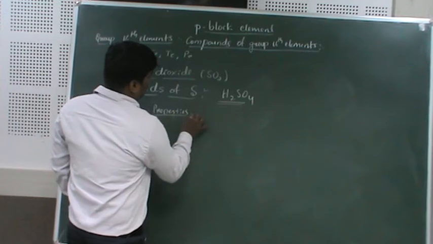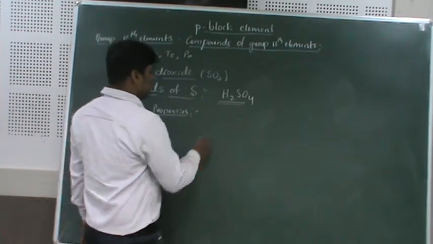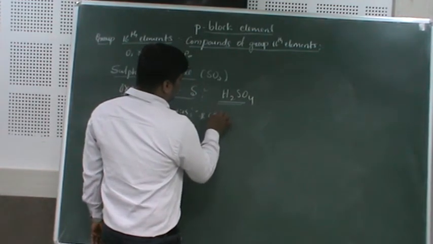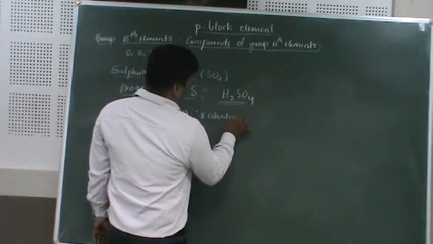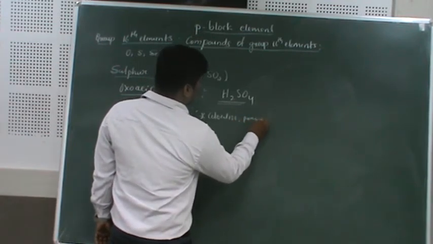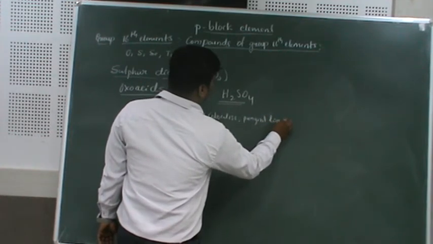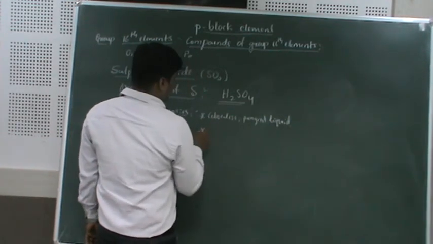Properties of sulfuric acid. The first is physical property. Sulfuric acid is a colorless, pungent liquid with high density.